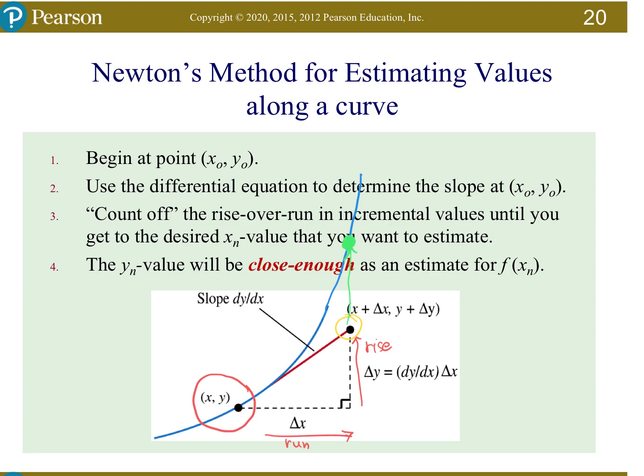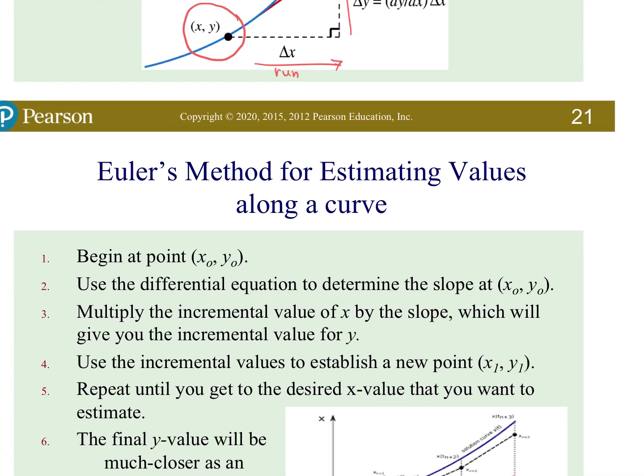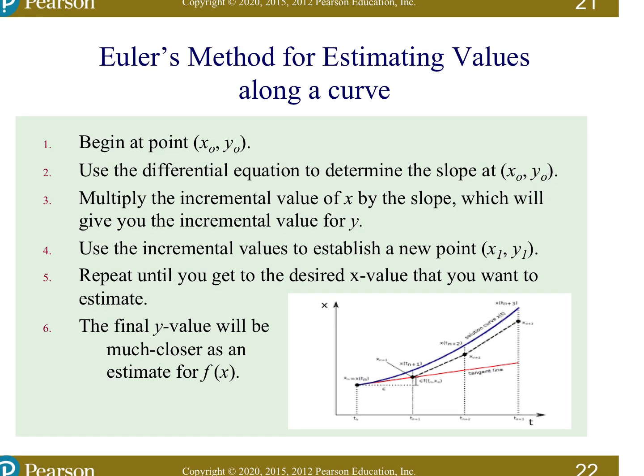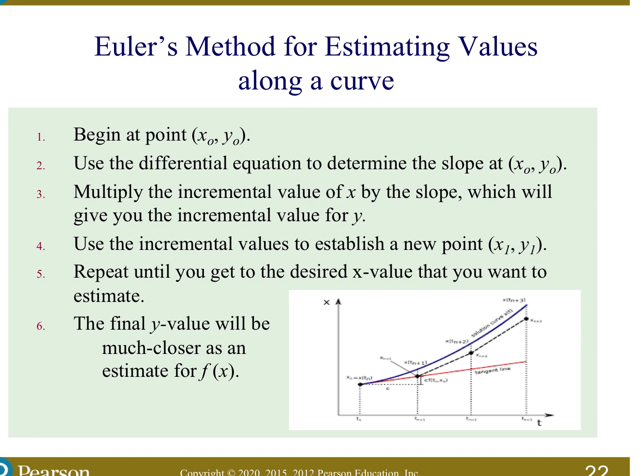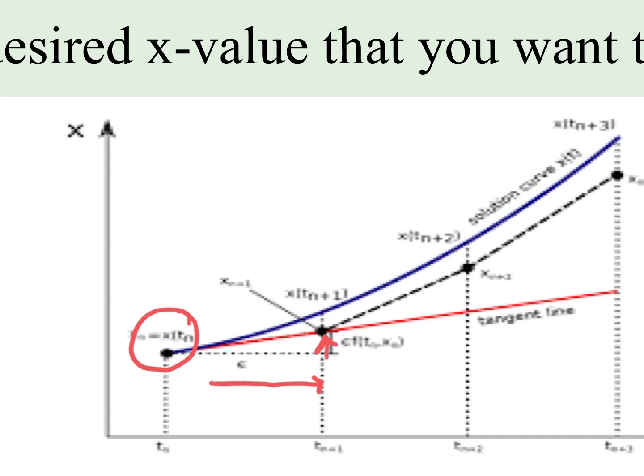So what Euler did was he said, well, I'm not satisfied with good enough. How can we make this better? And so his method is to still start at that same convenient point and count off your run and then your rise. Okay, we're zooming in on that.